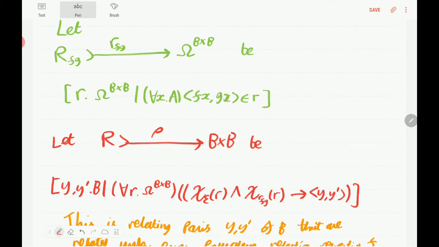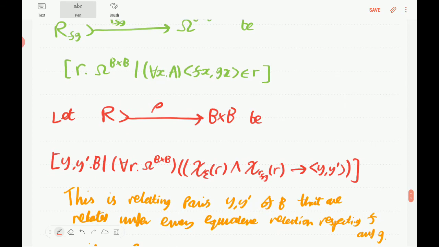And it basically is going to relate a pair of things y and y dash in B precisely when they are related for every equivalence relation which respects f and g. So this is really just analogous to the way that we form co-equalizers in the category of sets. It's just this general local set theory style approach.